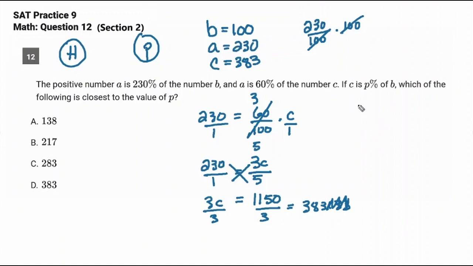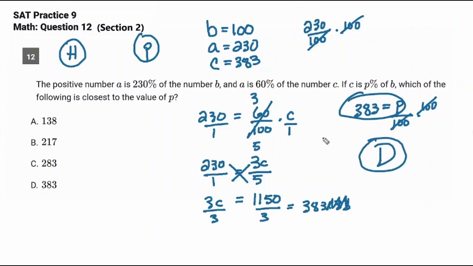So 383 is P% of b, 100. It's easy enough. 383 equals P, and that's your answer. It's D. Couldn't be faster, couldn't be easier, way easier than doing it the algebraic way. You get this right when you plug in, and you move on.